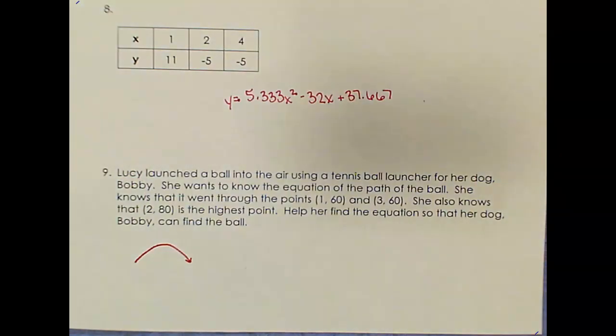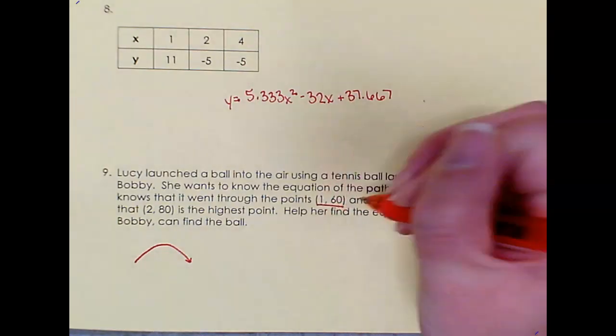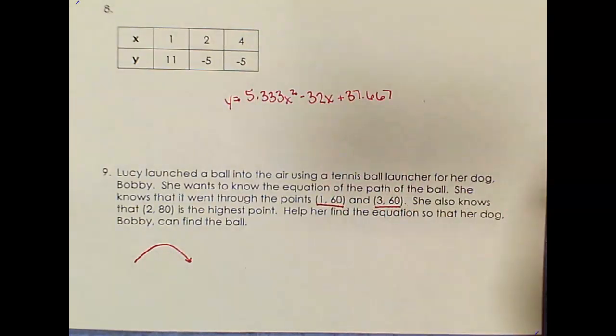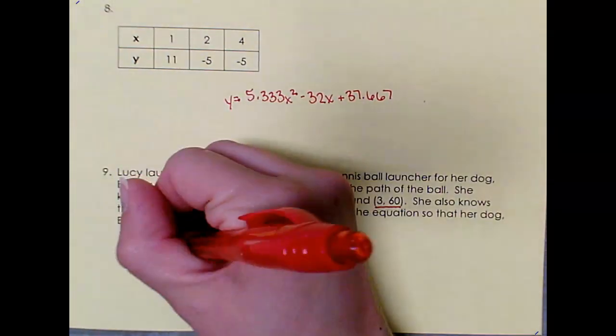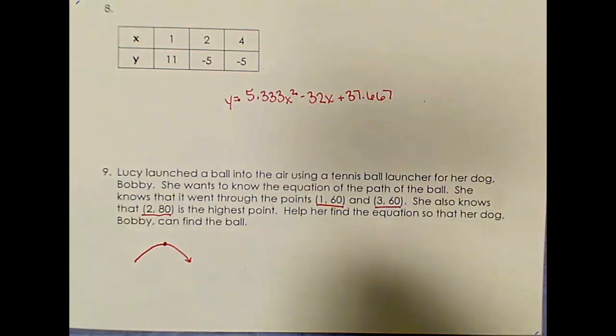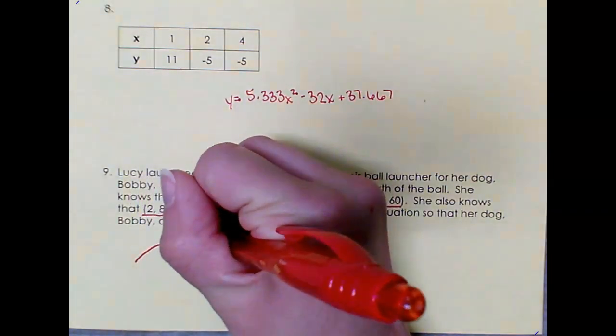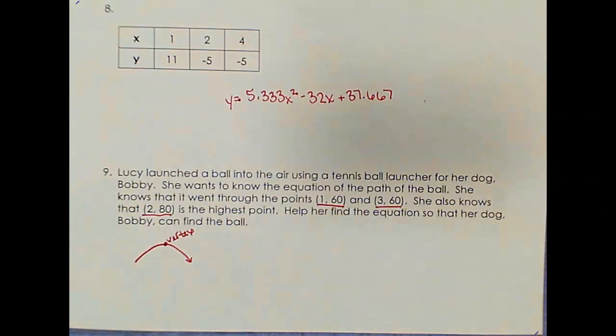So we say this tennis ball has parabolic shape. She knows that it went through the points 1, 60 and 3, 60, and she also knows that 2, 80 is the highest point. If that's the highest point, that would be the vertex. Help her find the equation so that her dog Bobby can find the ball.